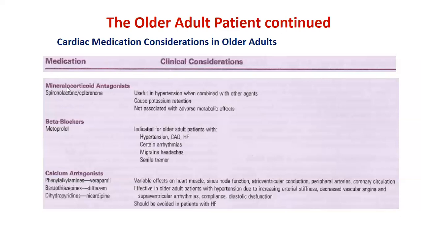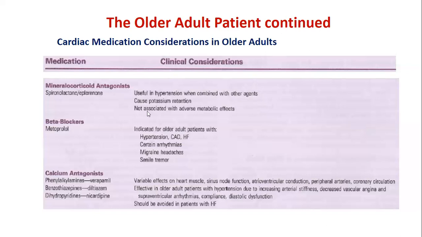So spironolactone, when you give the medication, it is important to educate your patient about the side effects. They can cause hyperkalemia like ACE inhibitor, or constipation, menstrual irregularities, headache, dizziness, and muscle cramping. So now what is the nursing intervention or implication about it? Useful in hypertension when combined with other agents.